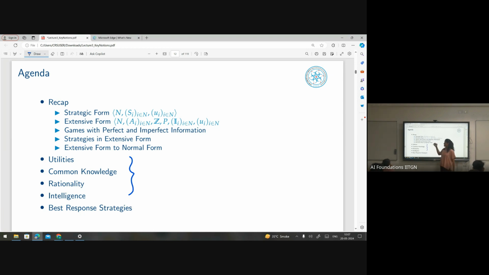So we have a certain way of defining what utilities are, which tells us what is the assumption of rationality. And then we assume that agents are intelligent, which tells us what is common knowledge. And based on these, we will try to determine the best response strategies for each agent. Now, based on that, in the next few classes, we'll see how we determine outcomes of games, equilibria of games. Right? So that's what we are going to see today.